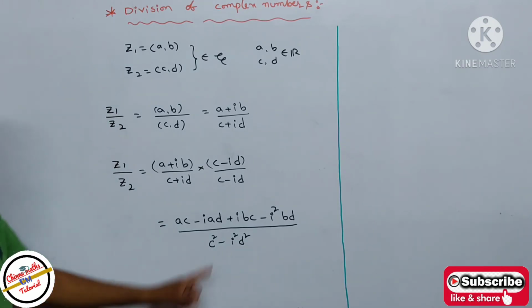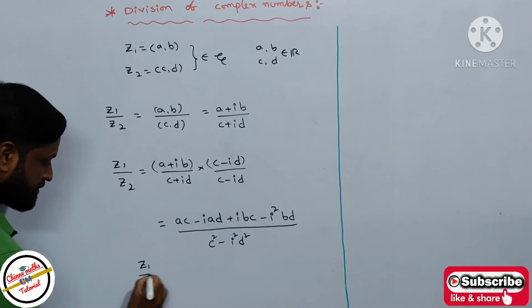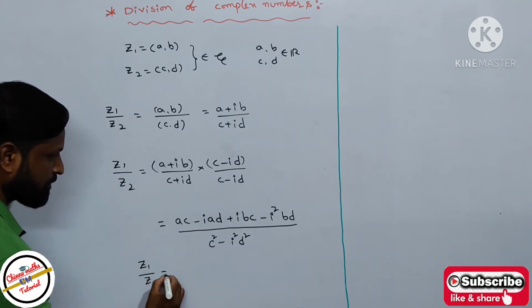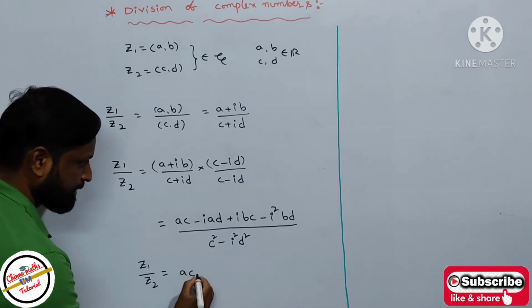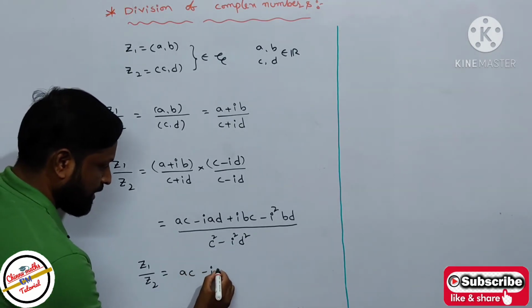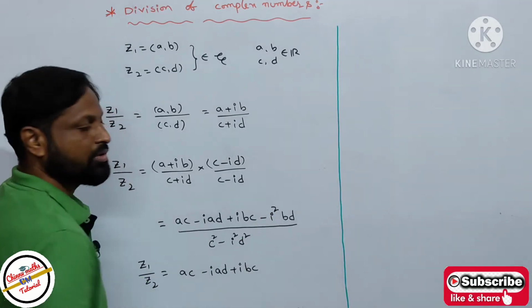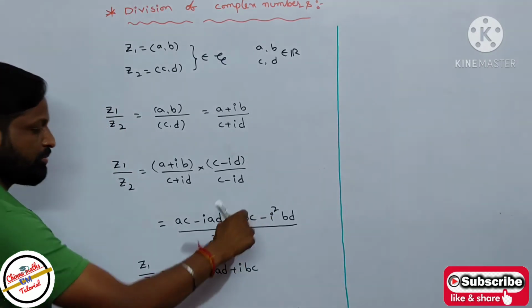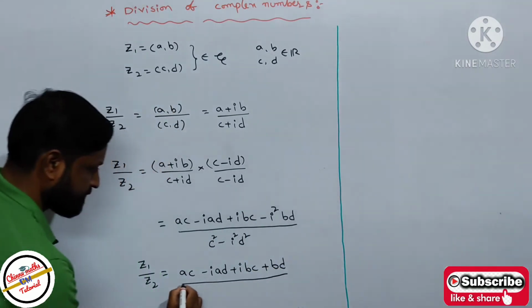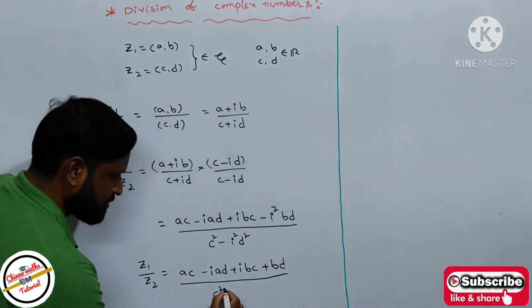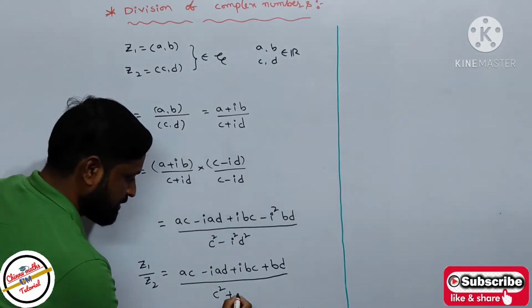Id whole square is nothing but I square into d square. So z1 by z2 equal to ac minus I into ad plus I into bc. What is the I square value? Equal to minus 1, minus into minus, plus b into d, by c square.